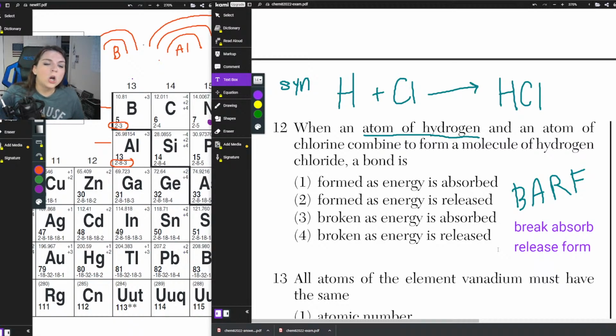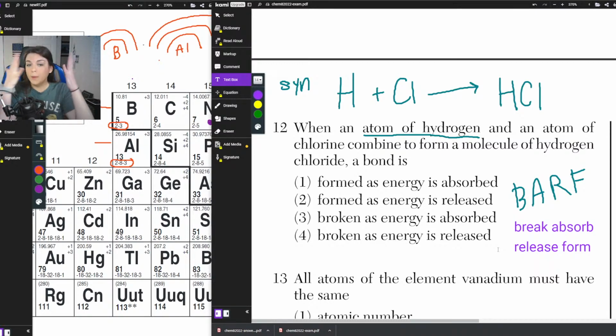When bonds are broken, energy has to be absorbed. The reason is because atoms are more stable when they're bonded. And then when you break them apart, you have to put in energy to break apart that bond. They're happy being bonded. So at that point, you have to put in energy to break them apart.